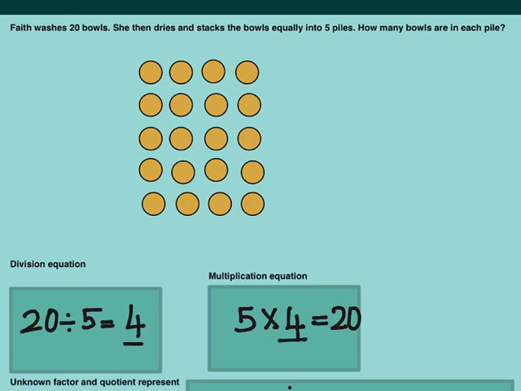If you see, the 4 in the division equation and also in the multiplication equation represents the size of the group. The unknown factor 4 and the quotient 4 represent the size of the group. So we have to write here the size of the group.